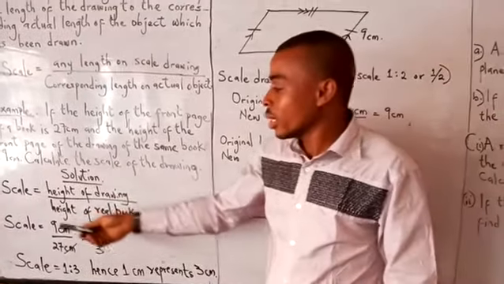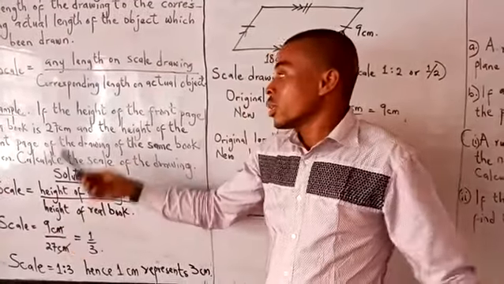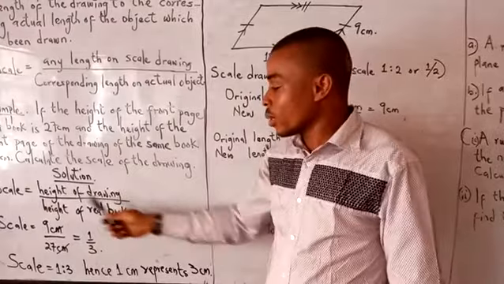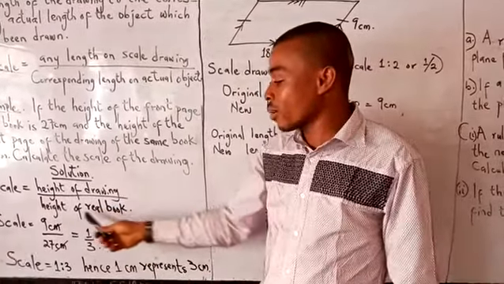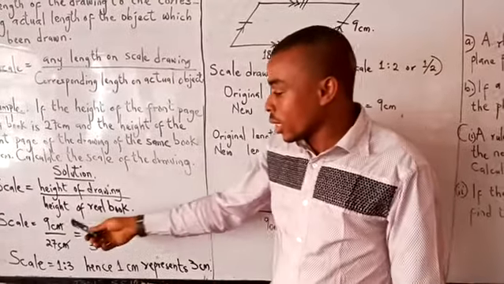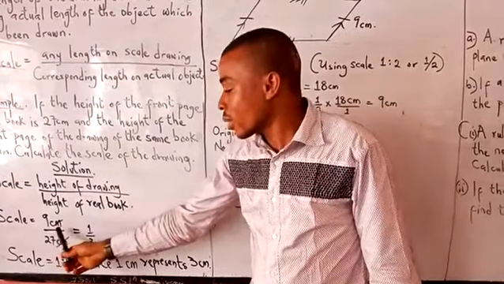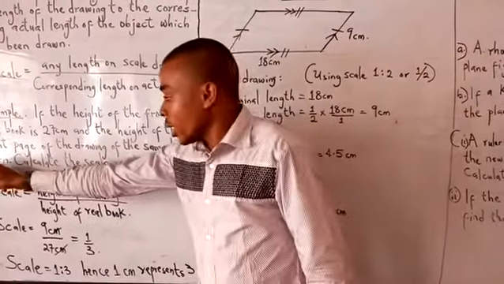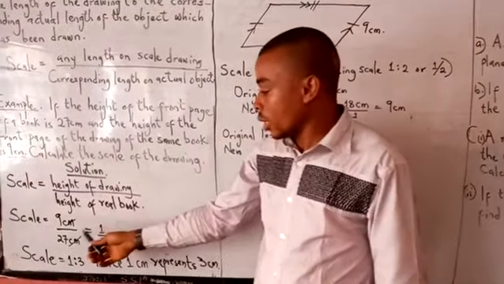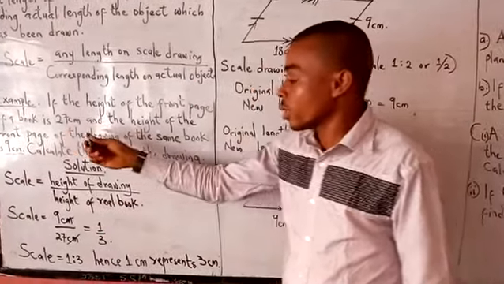Quickly, solution. Remember that the scale is still length or height of the drawing over height of the real object. In this case, it's a book, so height of the real book. The height of the drawing is 9 cm as stated in the question, and the height of the real book is 27 cm.